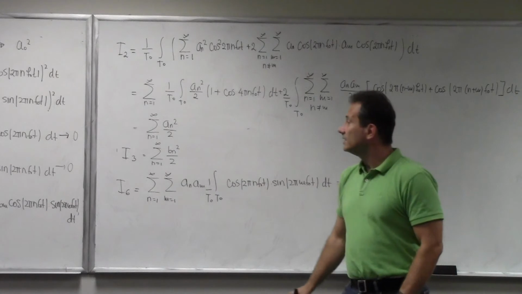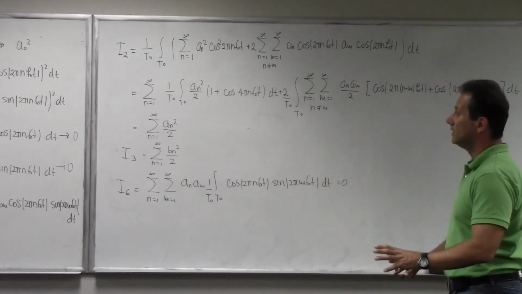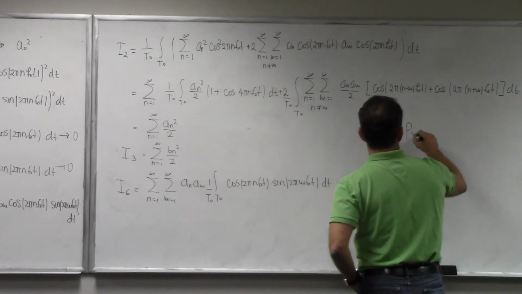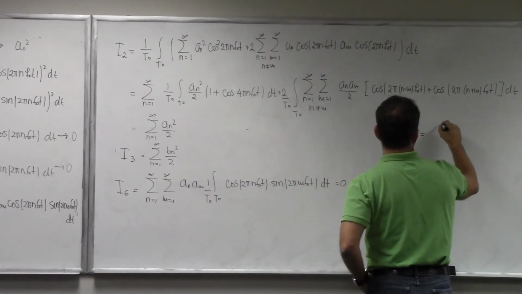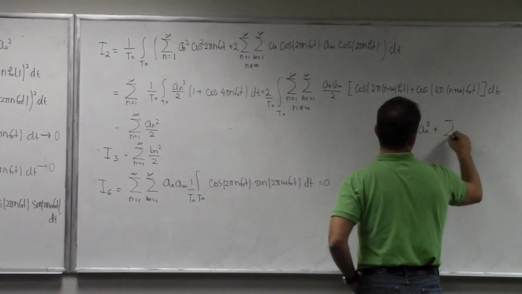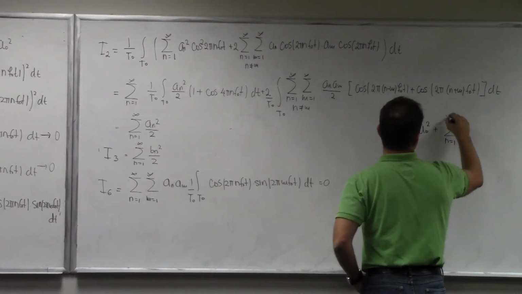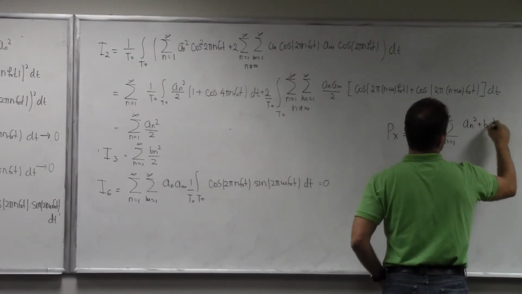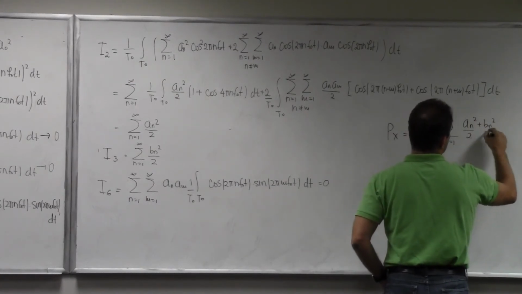So that's the end of the derivation. Let me just write the final result. That says power of the signal is equal to a0 squared plus sum when n goes from 1 to infinity, an squared plus bn squared. Let me put them this way.